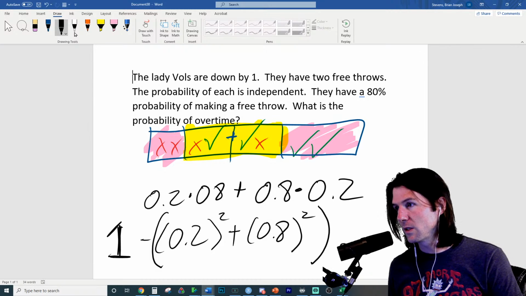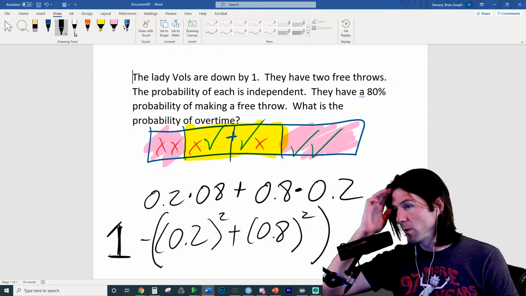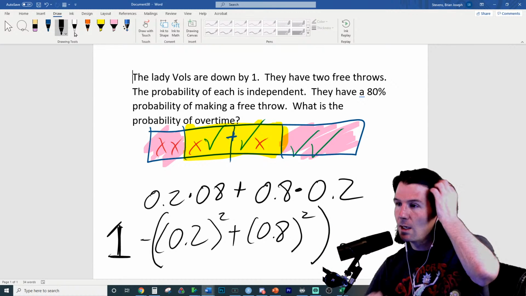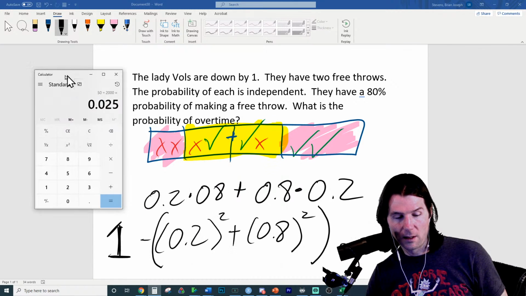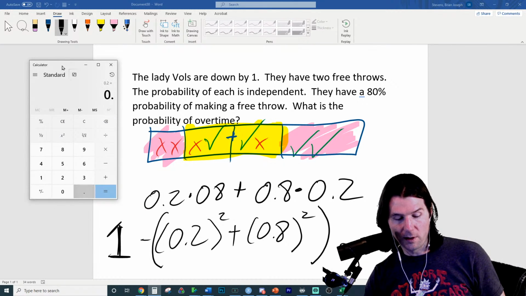This would give us the yellow region also, because we have the set of all events. We should get 32% right here. Then we're just adding another version of it. There's 32%, and then right here we get 0.2 times 0.2.